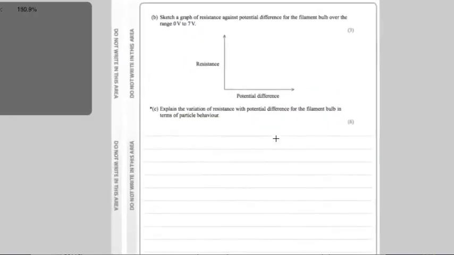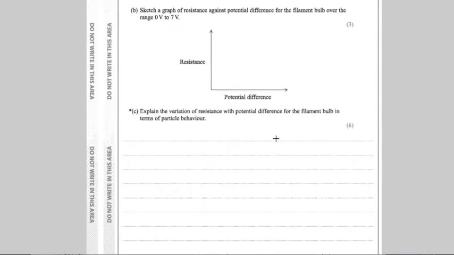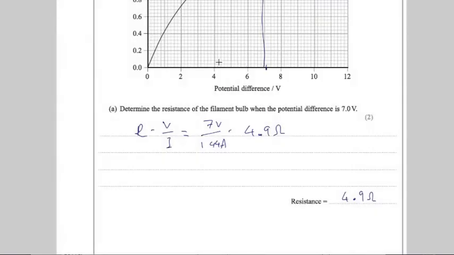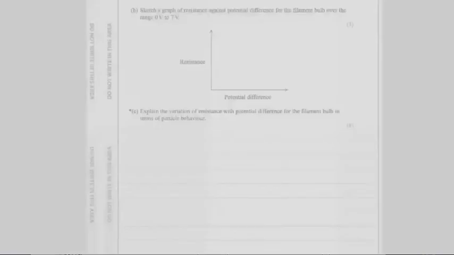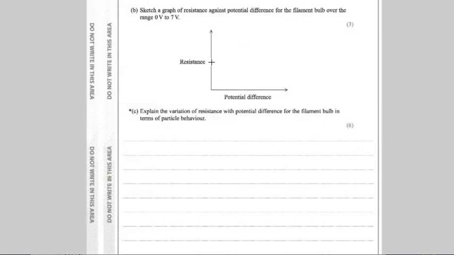Next question. Sketch a graph of resistance against potential difference for the filament bulb over the range 0 volts to 7 volts. So we start off with a constant value of resistance, which we can see by this gradient. So when the potential difference is 0, we definitely do have a value of resistance.